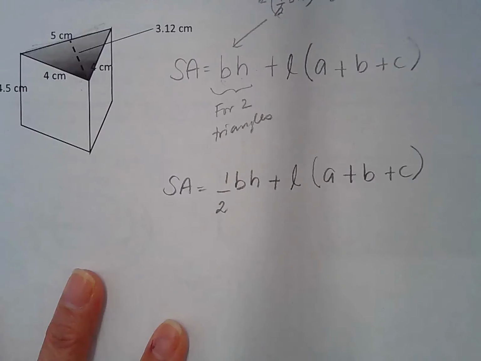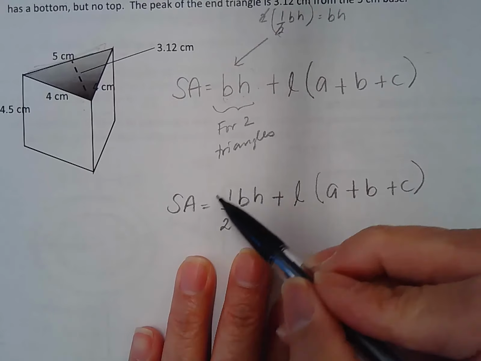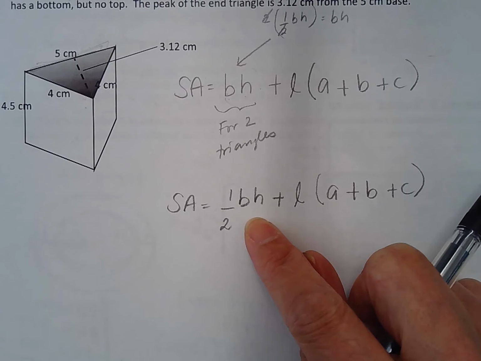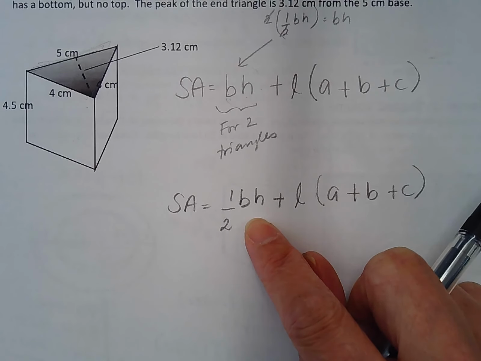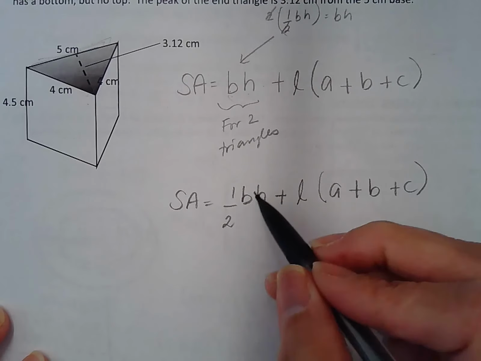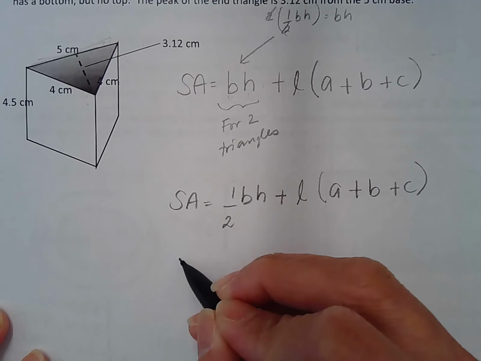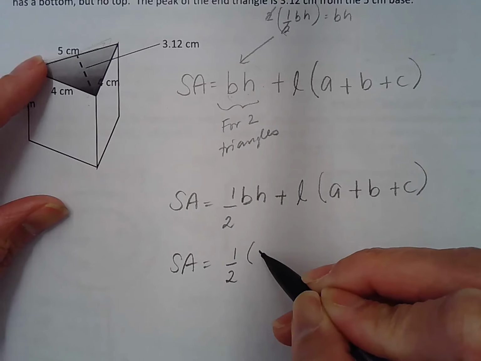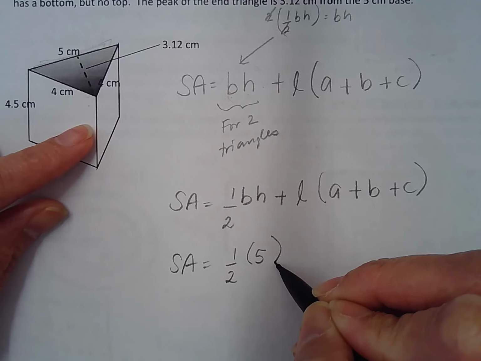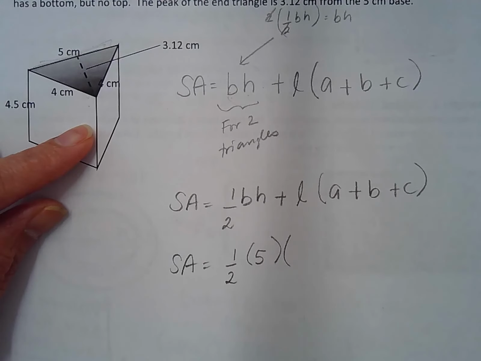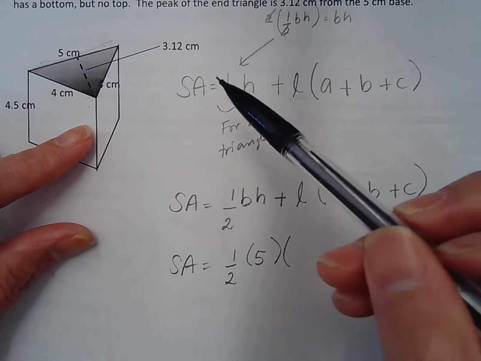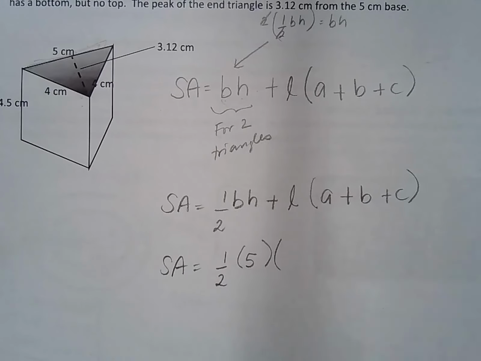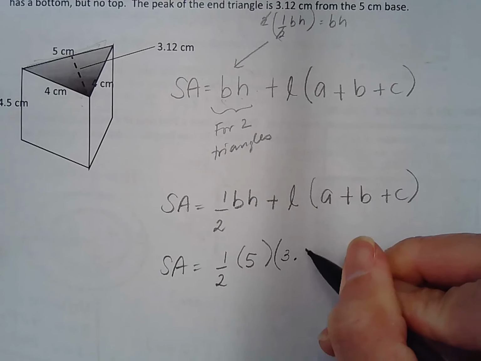Notice that this is the formula for one triangle. Do you remember that? A triangle is 1/2 base times height. So that's one triangle. So 1/2, base is 5. Height, I gotta use the right number. Which one's our height? 3.12, right?